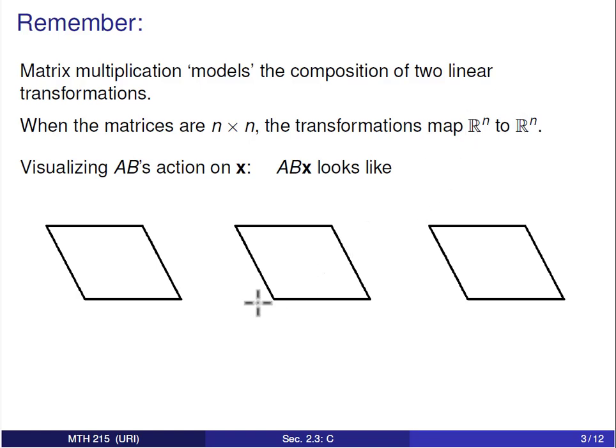But the idea was that if we're going to have the matrix A times B, and we're going to be multiplying that onto a vector, what we'd like to do is think of A and B as corresponding to linear transformations. When we take x and we multiply B onto it, that's going to take our vector x and produce another vector in Rn.